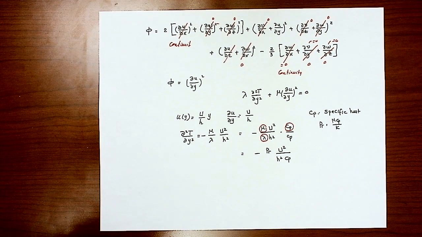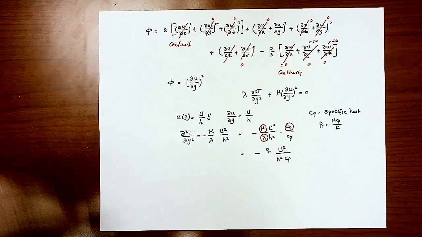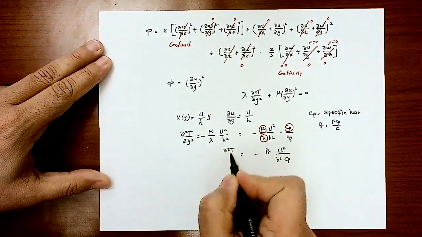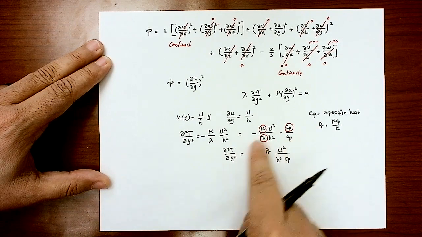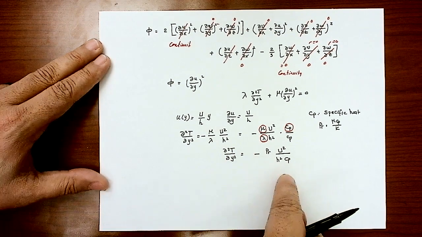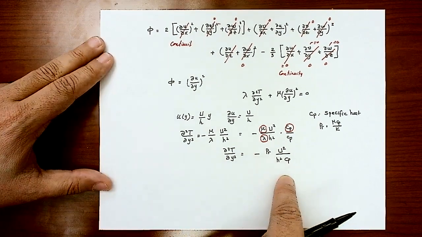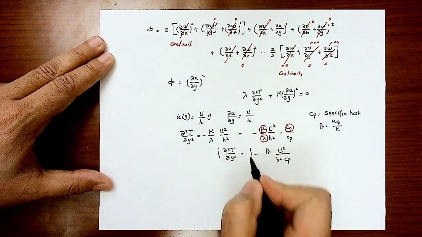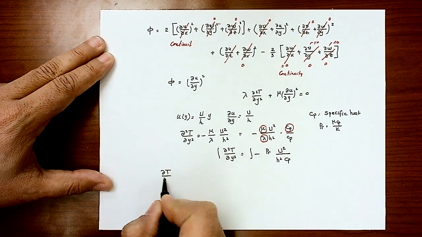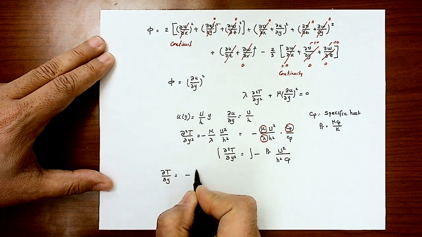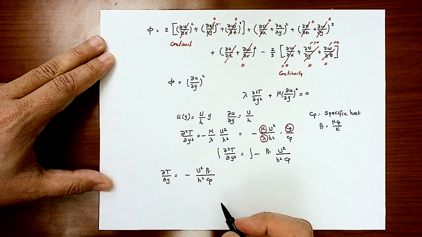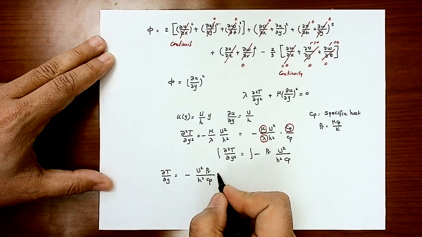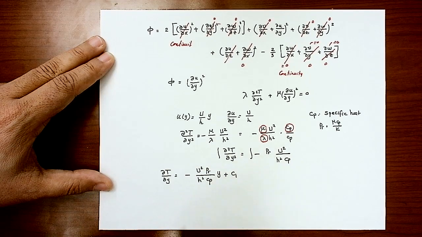Okay, now I can actually integrate this equation twice. This is partial 2T by partial y squared. These are all constants. I can integrate twice to be able to get the temperature distribution as a function of y. So I will integrate once. I will get partial T by partial y equal to minus U squared Prandtl number divided by H squared Cp, times y plus C1.